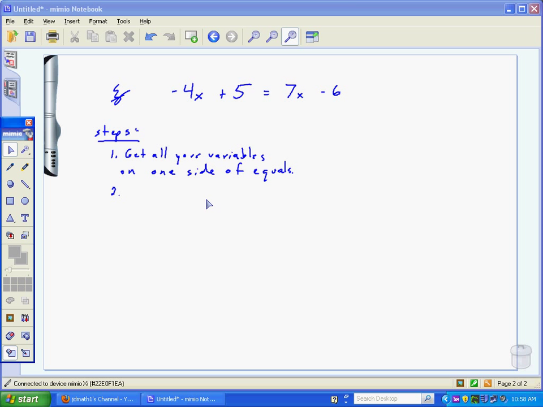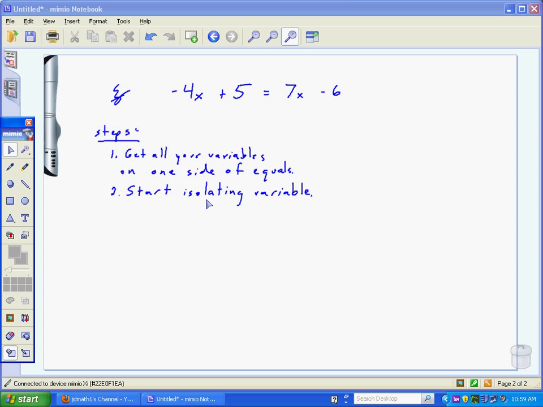Step 2 is going to be to start isolating the variable. So once everything's on one side, we can start isolating that variable by adding, subtracting, dividing, whatever it takes. So that's really only 2 steps.